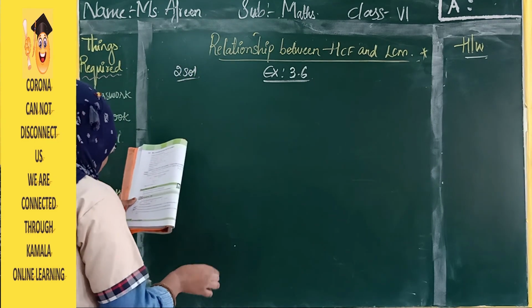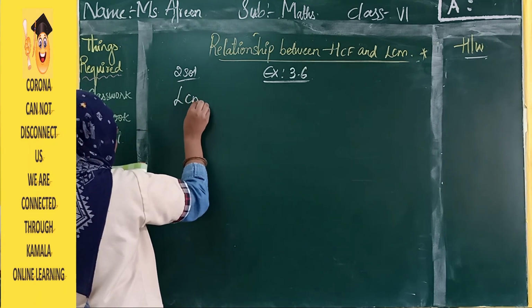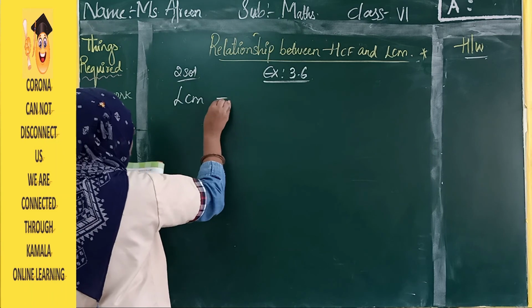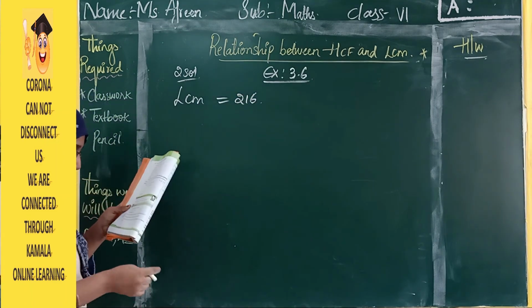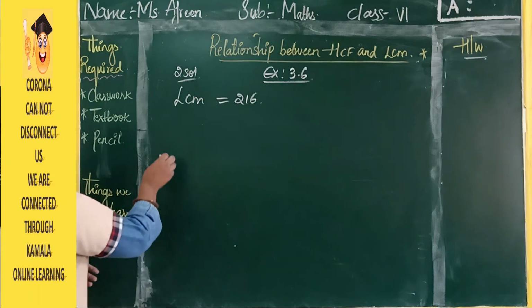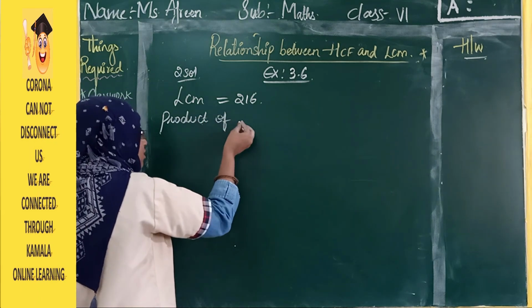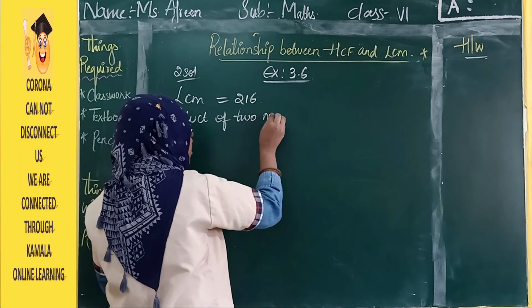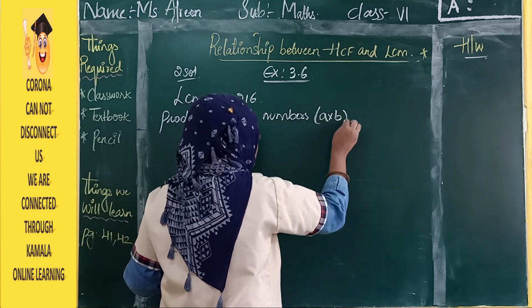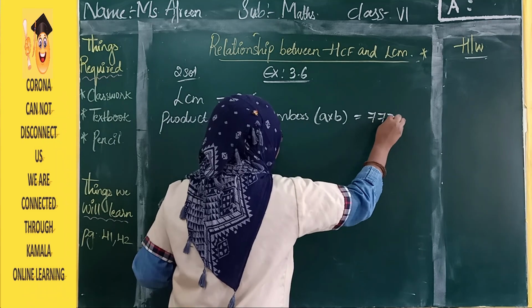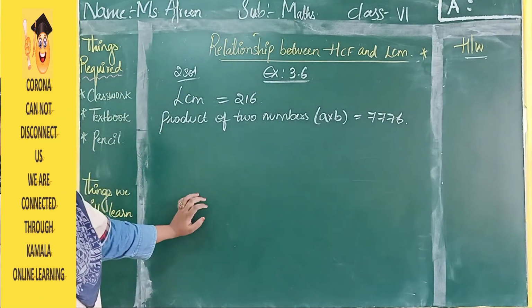They are saying the LCM of two numbers is, in the solution, LCM equals 216. Next, the product of two numbers is nothing but A into B, which is 7776.